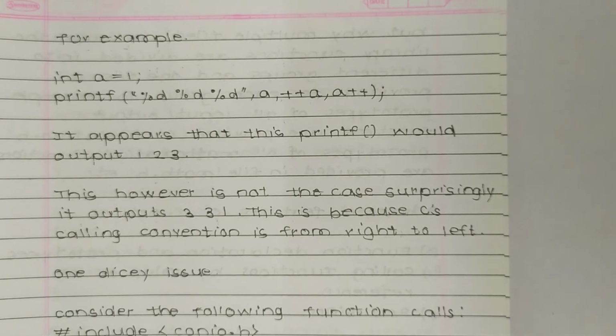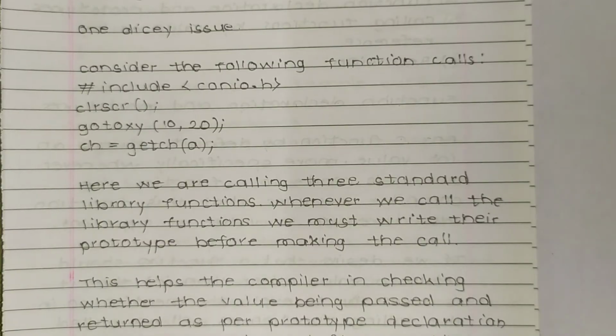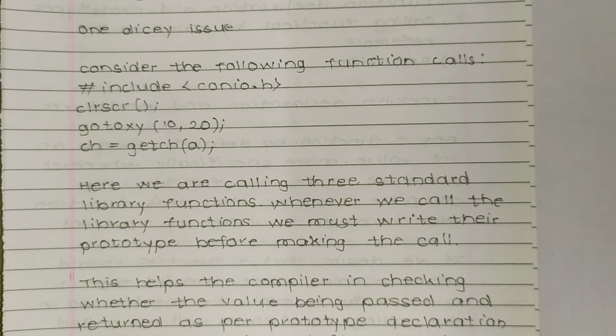Now, one dicey issue. Consider the following function calls: #include <conio.h>, clrscr(), gotoxy(10,20), ch = getch(). Here we are calling three standard library functions.